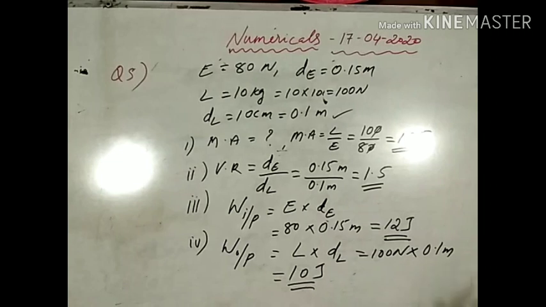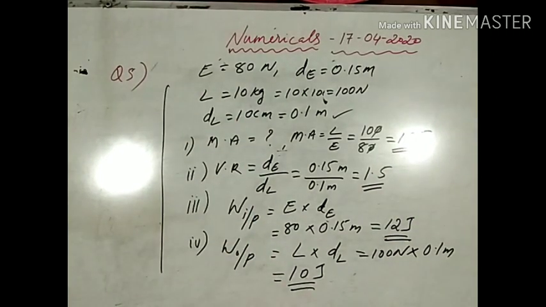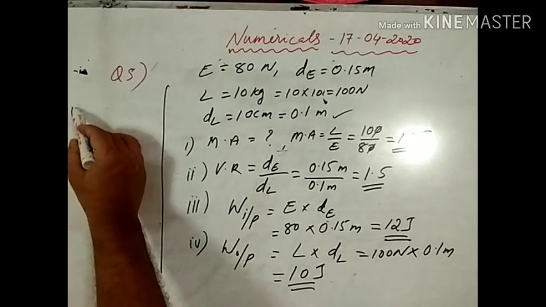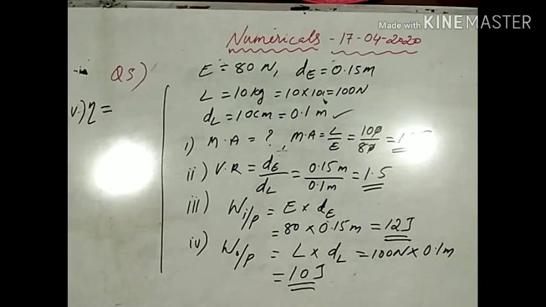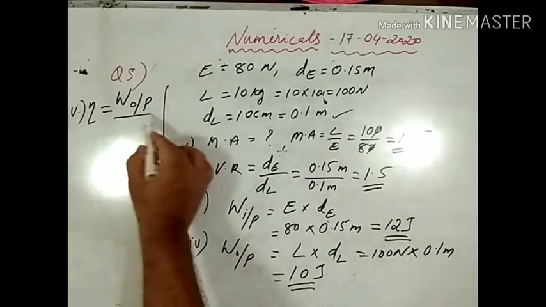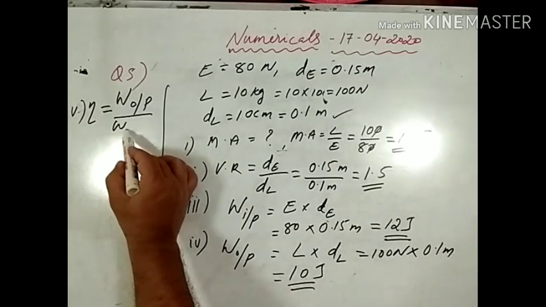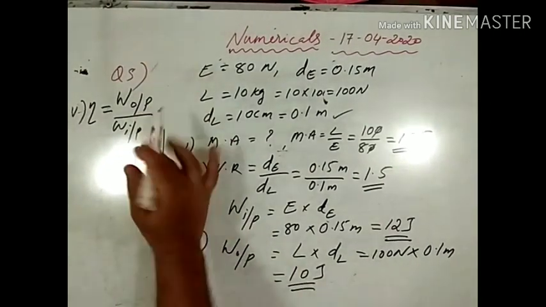Now, the last part, I am solving it here. What is the last part? Efficiency. That is the fifth part, efficiency. Efficiency is equal to, you know the formula, right? Efficiency in terms of work output and work input. We can write work output divided by work input into 100.